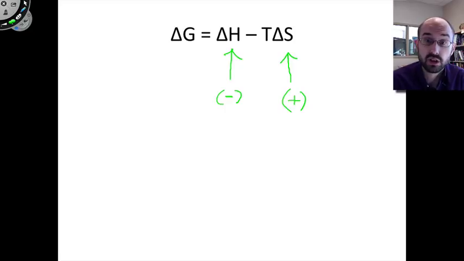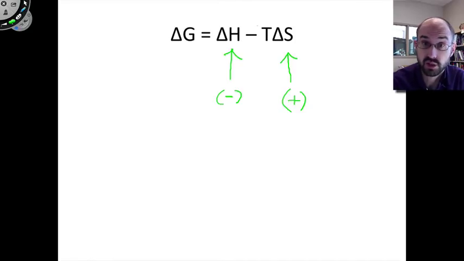And so overall, we're going to have a negative number minus T, which is always a positive number, times a positive number. So this whole term here, T delta S, is going to be positive.